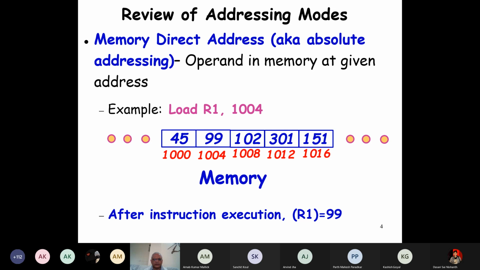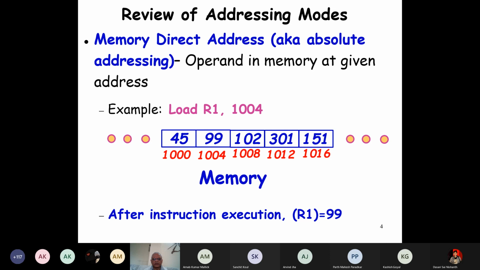So this is the memory, and think of a single dimensional array here, a linear array here. And here location 1004. Each location is 4 bytes long here, and these are the byte addresses.